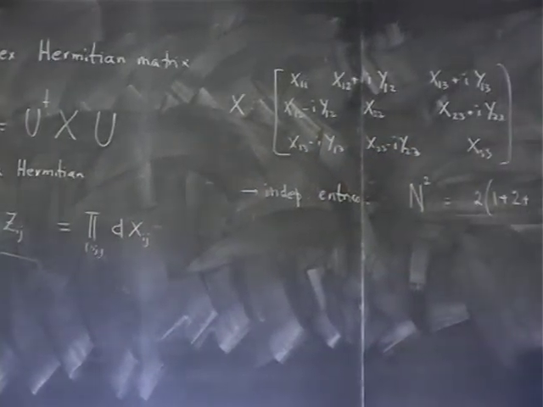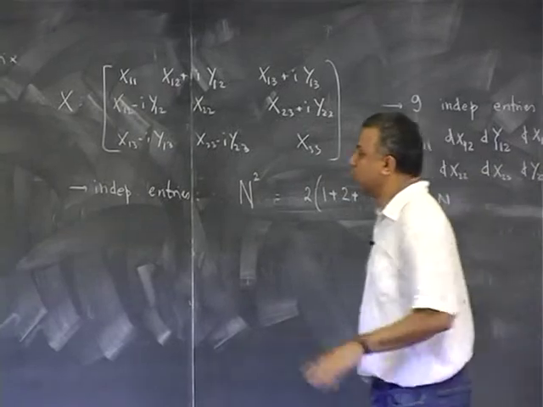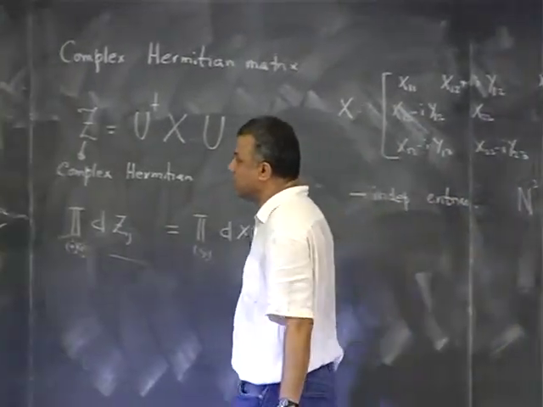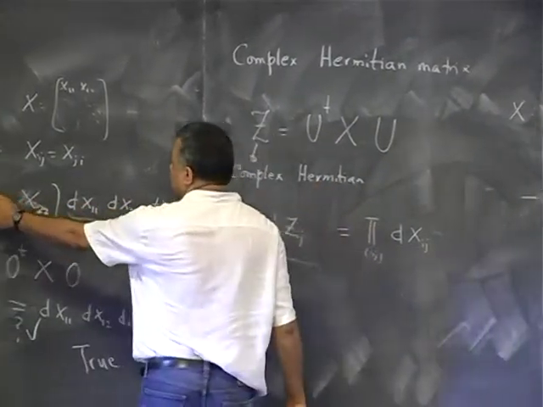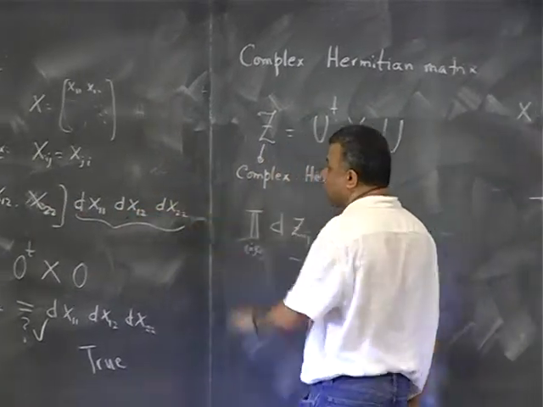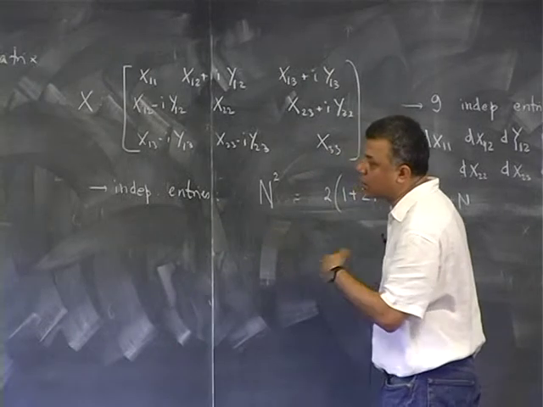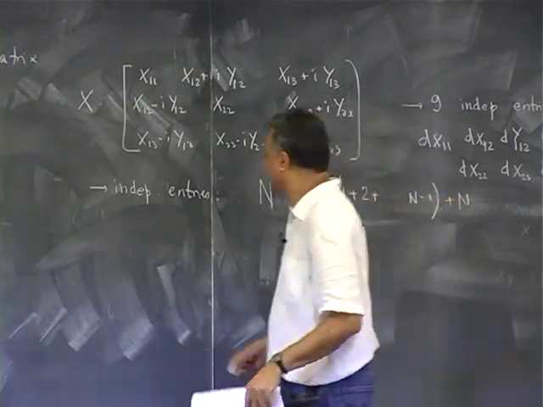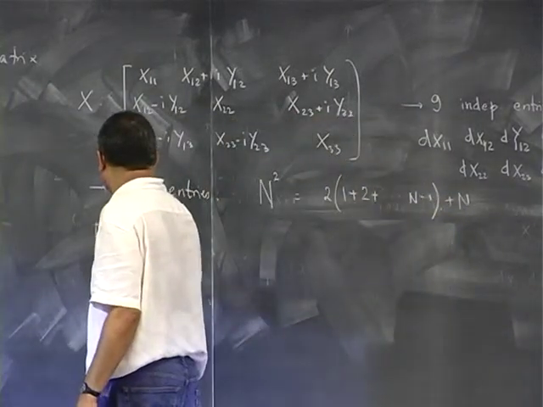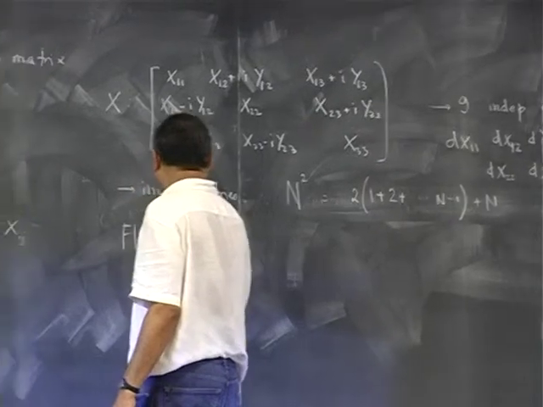So the statement is that the flat measure, that means p is 1, in the matrix entry space remains invariant under a similarity transformation. By flat measure, I mean p is 1.